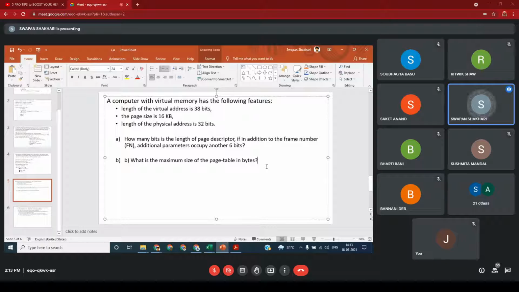So now if you know the number of pages, then you can calculate the number of frames. So after calculating the number of pages, how will you calculate the number of frames? You will simply divide in the same way.